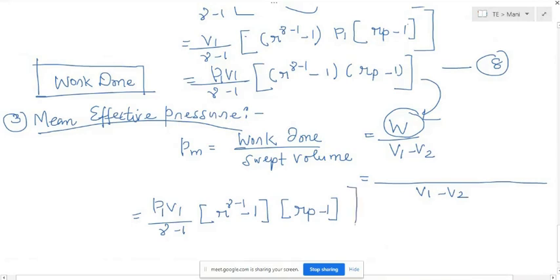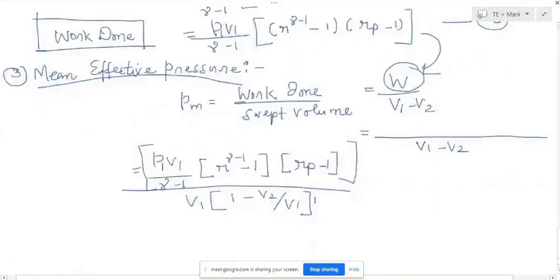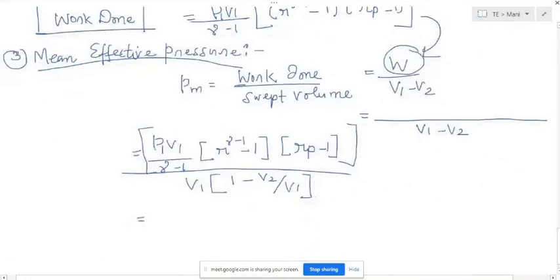Okay, the whole thing divided by V1 minus V2, right? So here, again taking V1 commonly outside, the remaining is 1 minus V2 divided by V1.